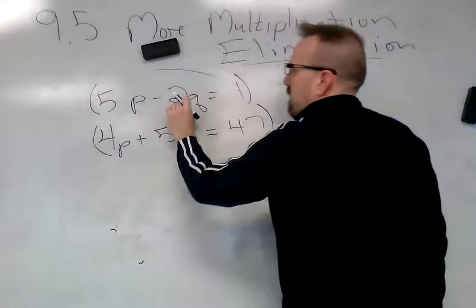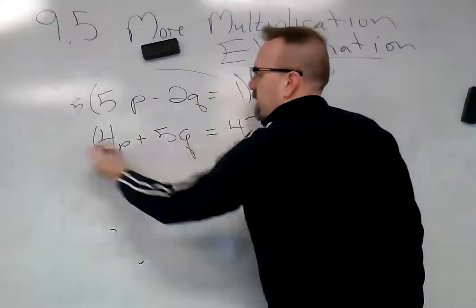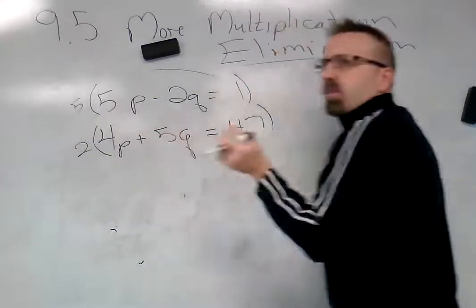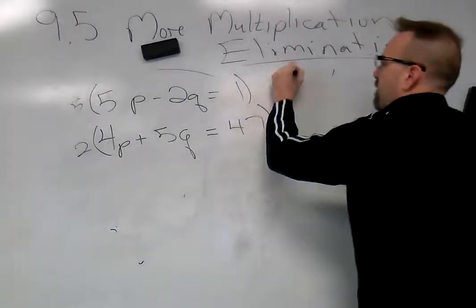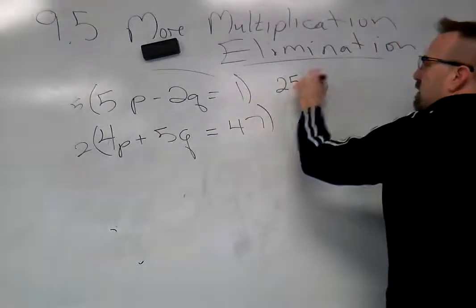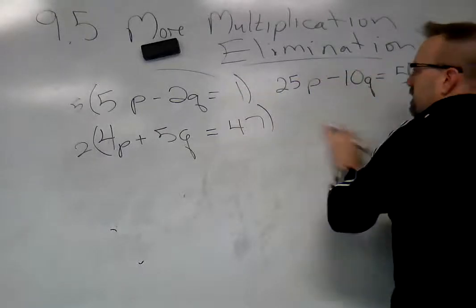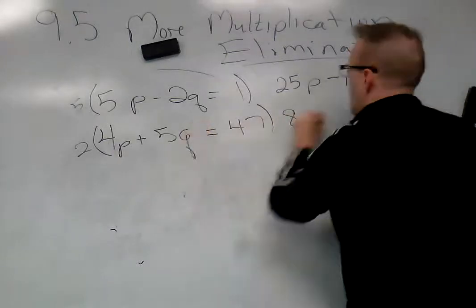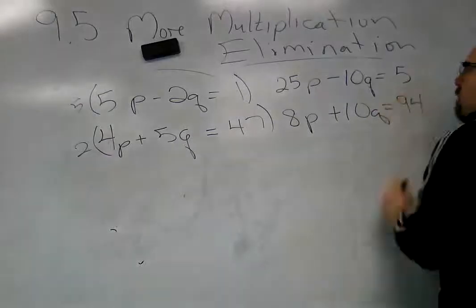So what do we need to multiply this by to be 10? 5. And this we have to multiply by 2, because if we get a positive 10, negative 10. So we don't need a negative in this case. So 5p minus 10q equals 5. 8p plus 10q equals 94.